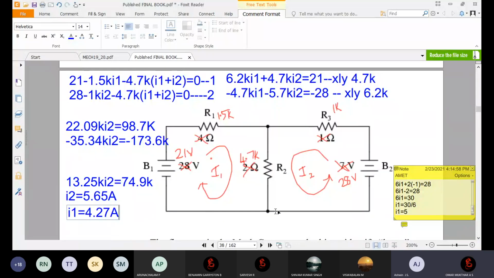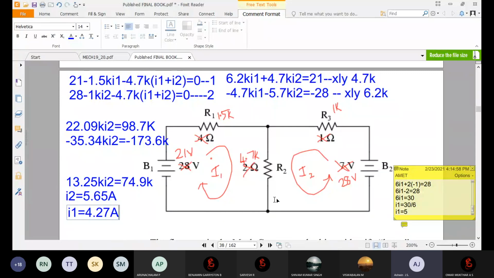Sir, 21 minus 26.55 is equal to minus 5.5, divided by 6.2. What is the value? Sir, if completed, at last minus 0.9.